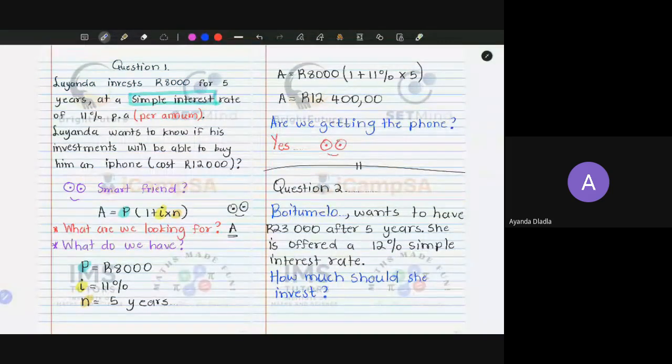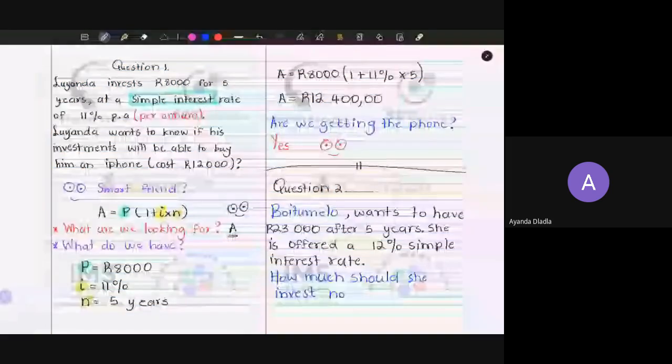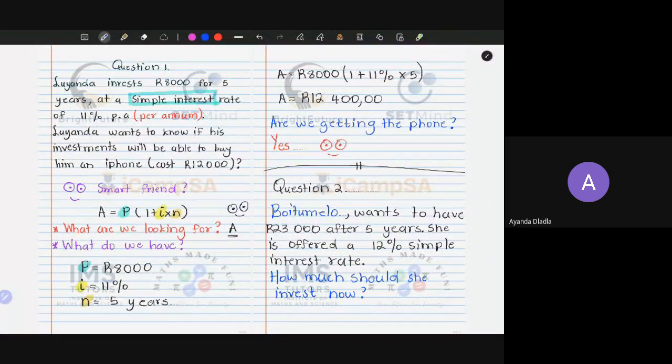And remember, you are the friend who's doing pure maths and you need to help her. Buitumelo, your friend, wants to have 23,000 after 5 years. She's offered a 12% simple interest rate. How much should she invest now so that she's going to have the 23,000 after 5 years?